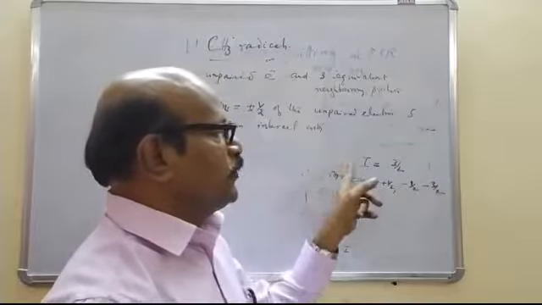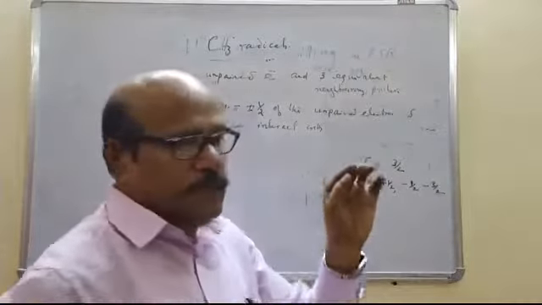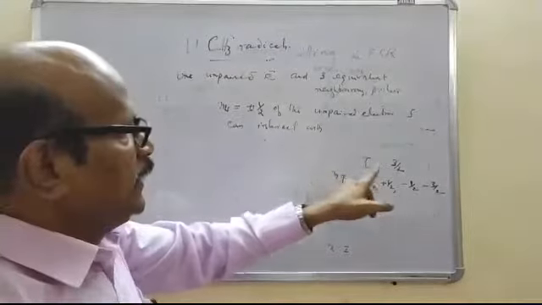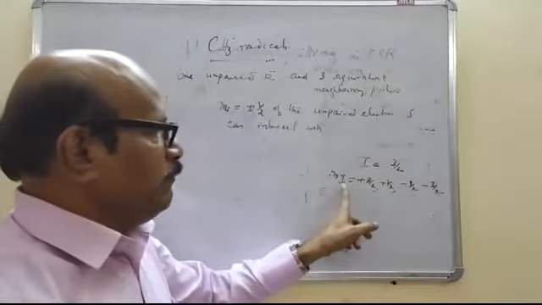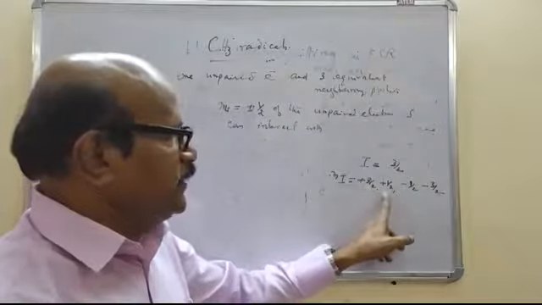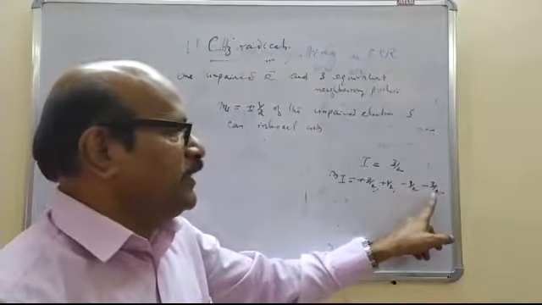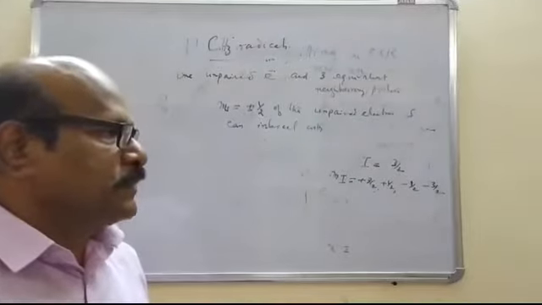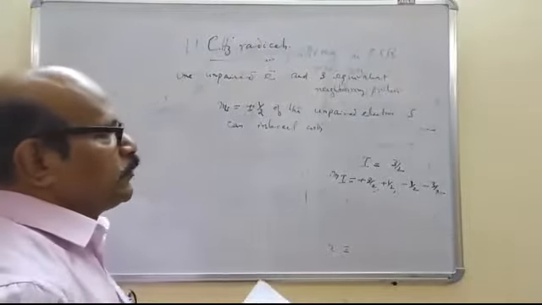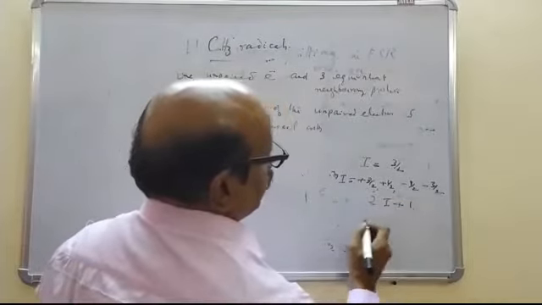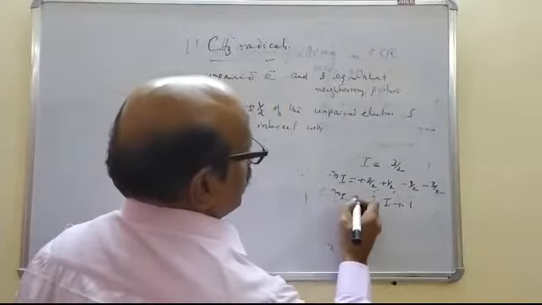For a methyl radical with the 3 equivalent protons, I is 3 by 2. So the mi possible are plus 3 by 2, plus half, minus half, minus 3 by 2. These are the possible combinations of mi, that is 2I plus 1.